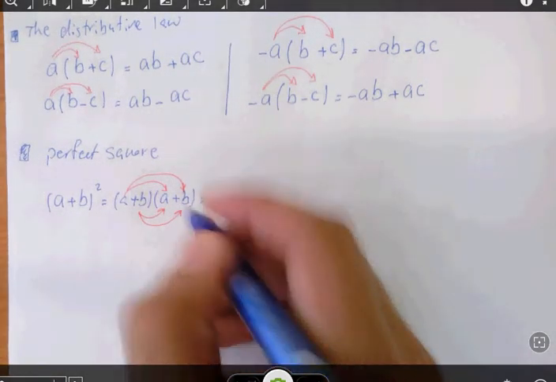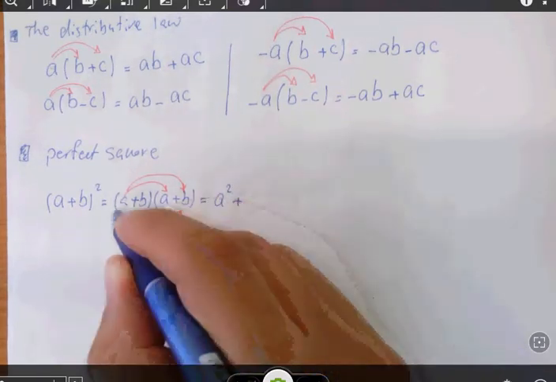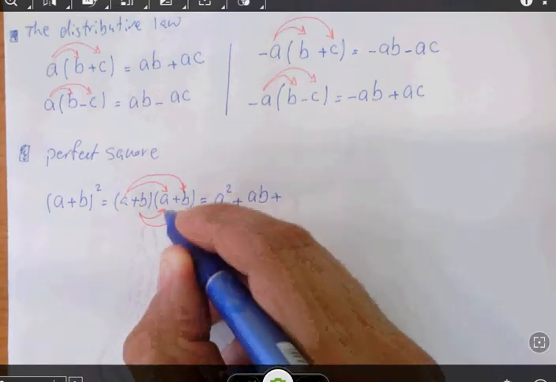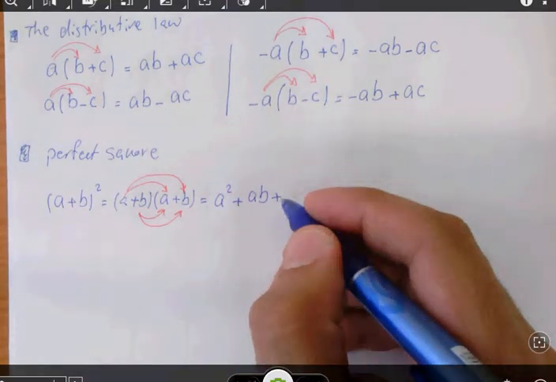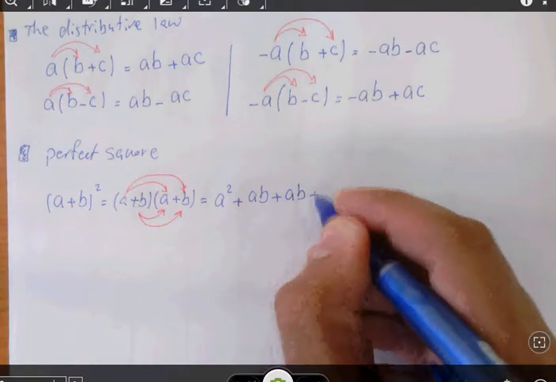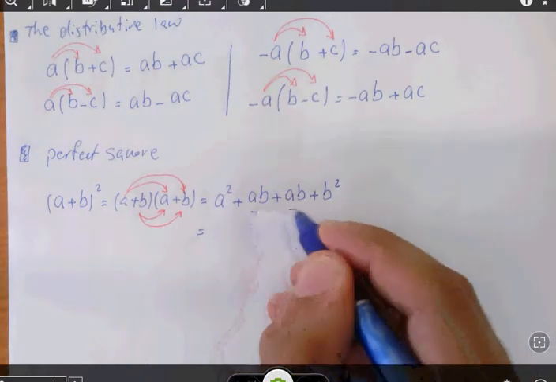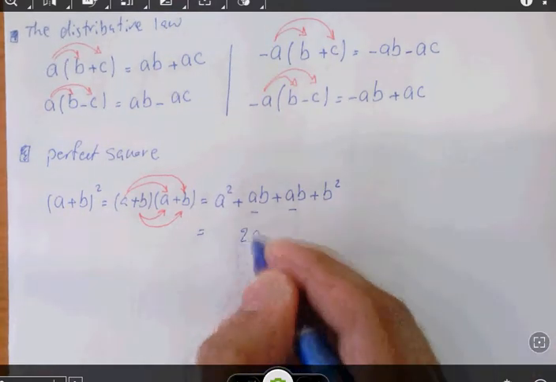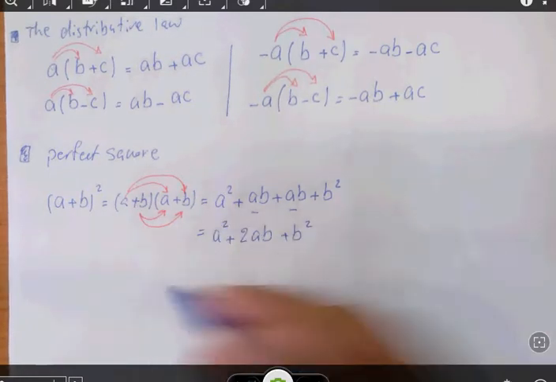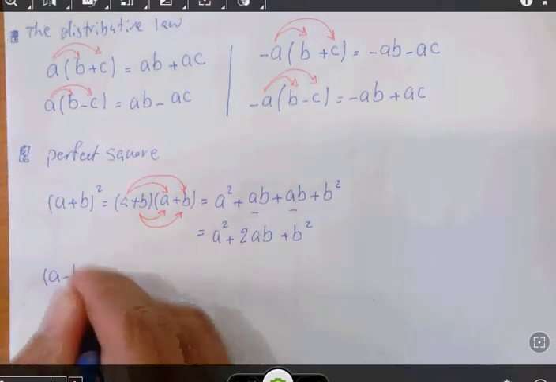So this will look like what? A times A is what? A squared. Very good. Plus A times B. Plus, down the bottom, B times A is what? Well, BA is the same as AB, isn't it? Yes. Same thing, right? AB again. Plus B squared. What like terms do you see? AB. How many ABs do you have? Two ABs plus B squared plus A squared. Done. Let's do one more for the negative and then we move on, yeah?